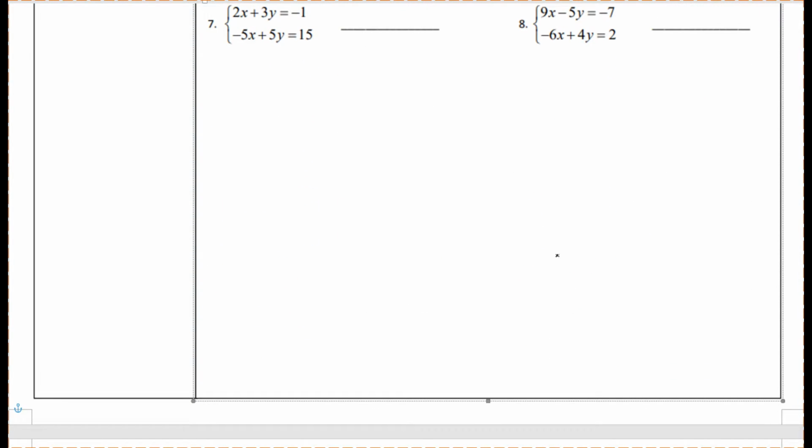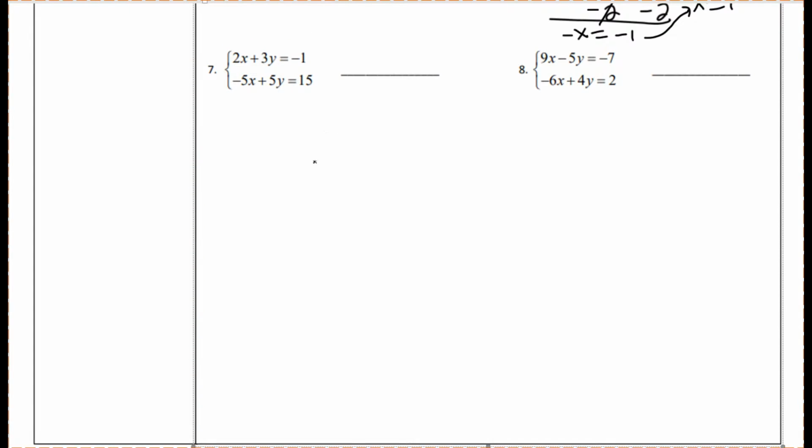All right, so now we're going to pick a variable for number 7. Pick a variable that you want to solve for, either x or y. In this example, I will choose y to eliminate, just to switch it up, because last time I eliminated x. So we need 3 and 5 to be the same.